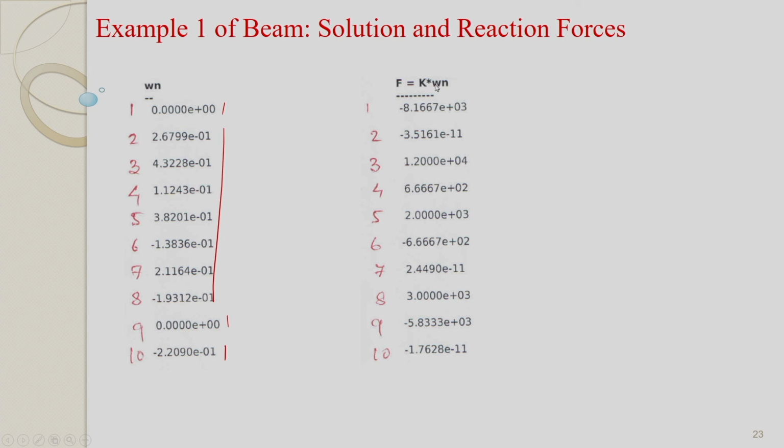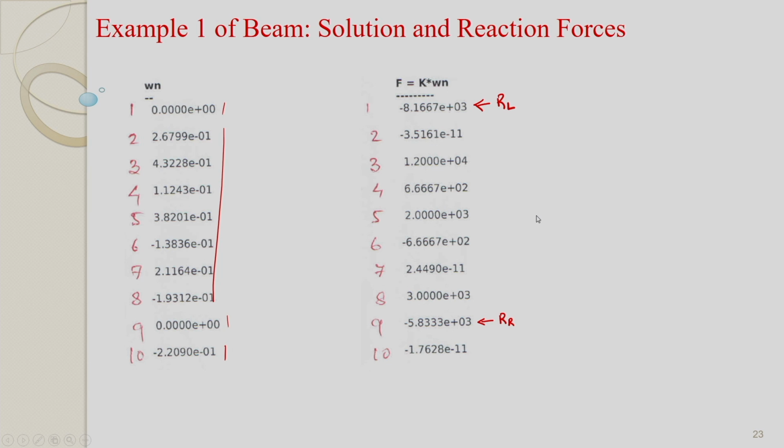If we do K times Wn, where Wn is our total 10 cross 1 dependent variable vector at nodes, then we get this F, where the entries corresponding to the first degree of freedom and 9th degree of freedom are the reaction forces at the left boundary and right boundary. So, these are our reaction forces.